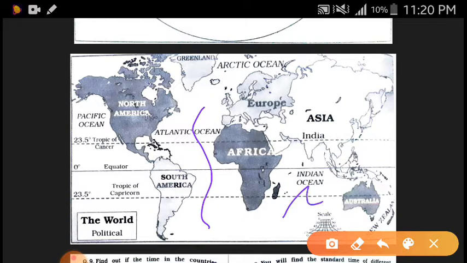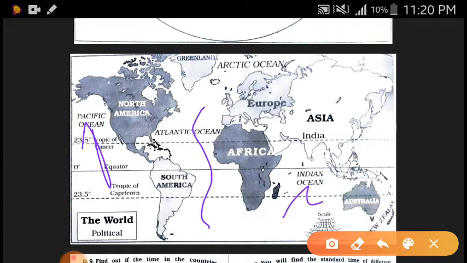There are many parts, but in the Pacific Ocean, the international date line is not drawn in a straight line, but as a zigzag line.